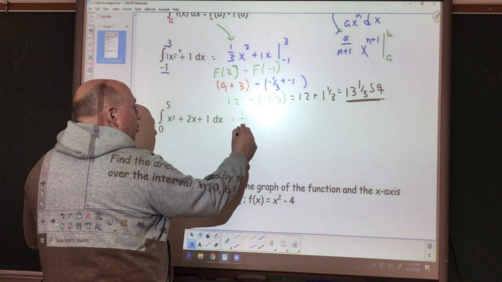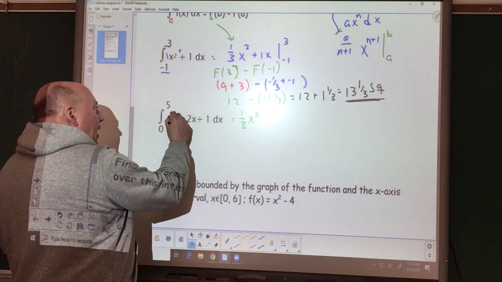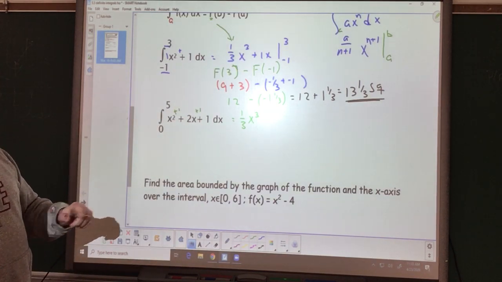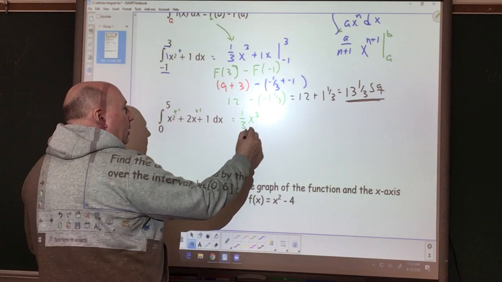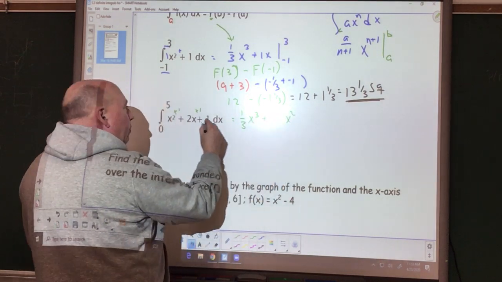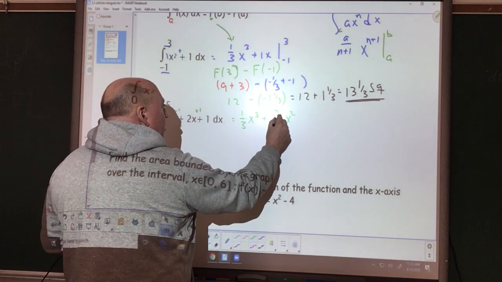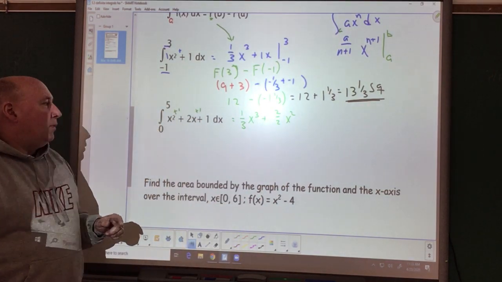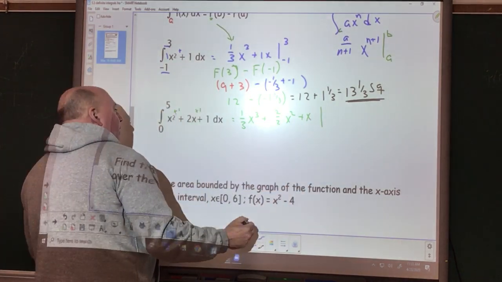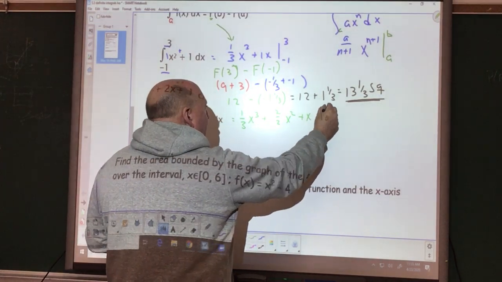So we have 1/3 x cubed, adding 1 here, adding 1 here, 1/3 x cubed plus, let's see, this will give us an x squared, and then we have 2 divided by 2, and then we have a plus x. And we have to evaluate from 0 to 5.